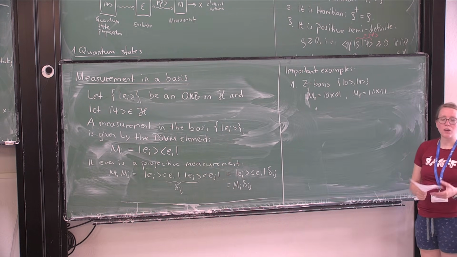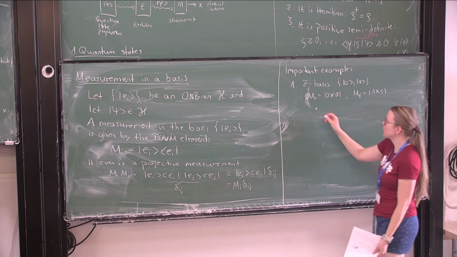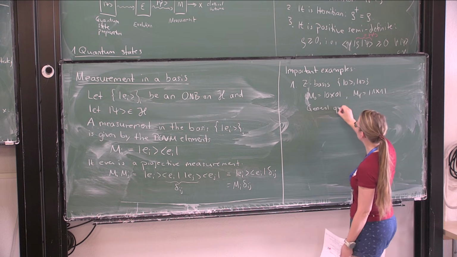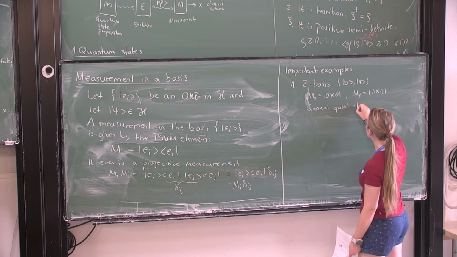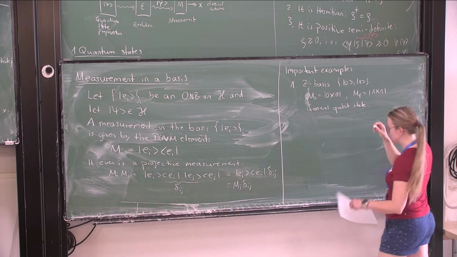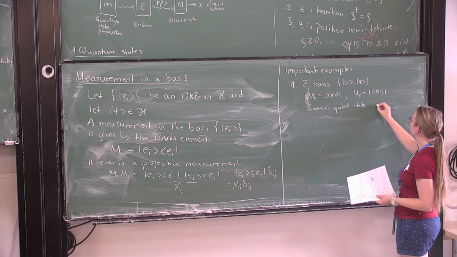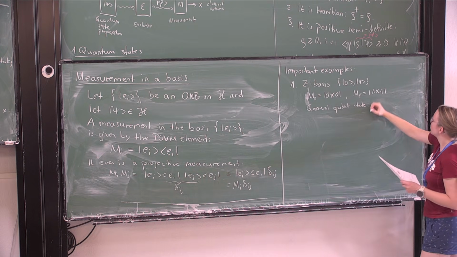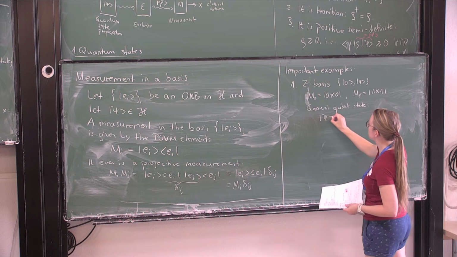And then you can look at, okay, if I have a general quantum state, a general qubit state, that was just a combination of 0 and 1.